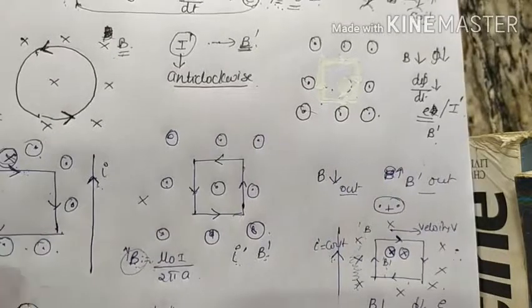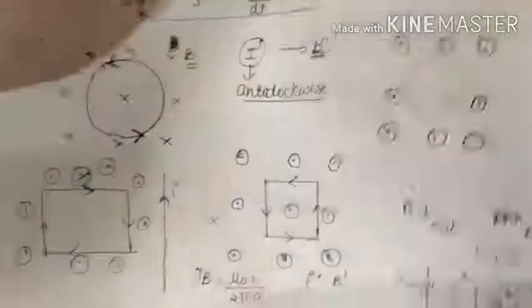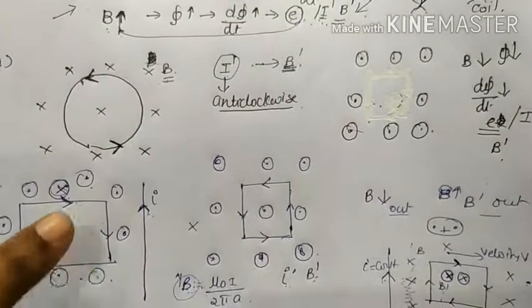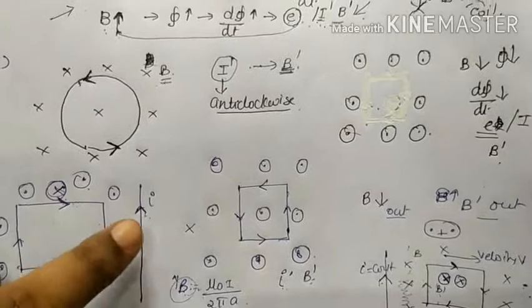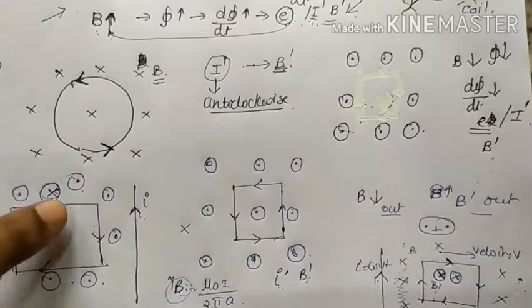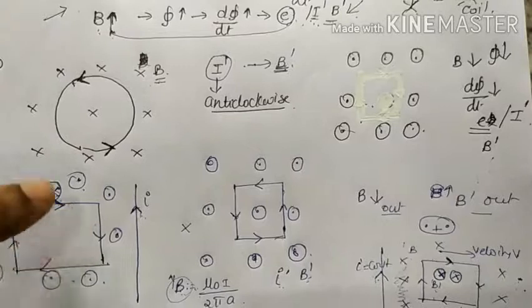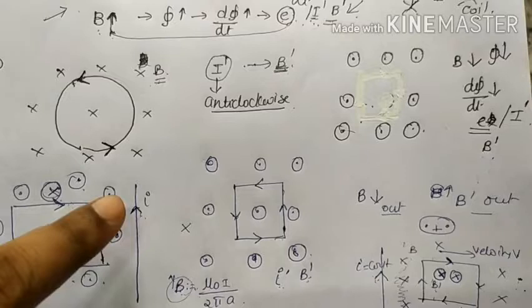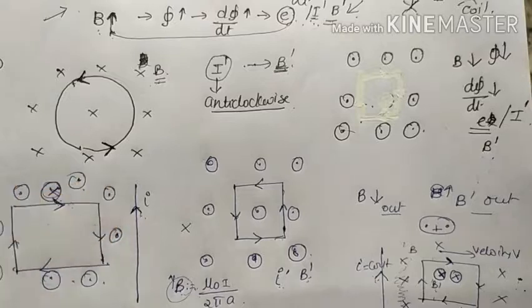Now we have taken another example also. I believe we drew this one first, right? So suppose you have a coil which is close to a current carrying wire. The current carrying wire will have a field. This field is in outward direction. So what will be the direction of the current in the inside coil? It should oppose the cause producing it, right? The current is being increased. So this field which is in outward direction is also increasing.